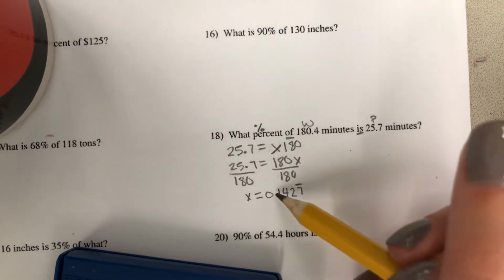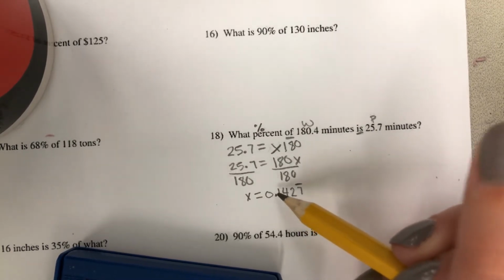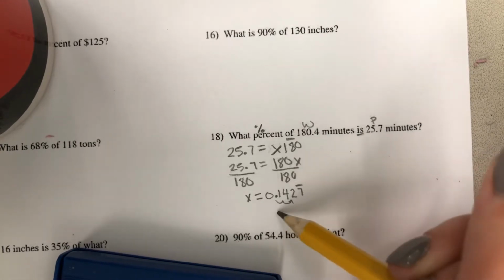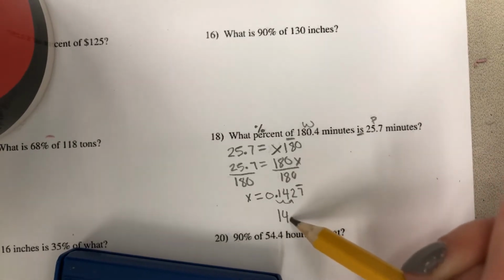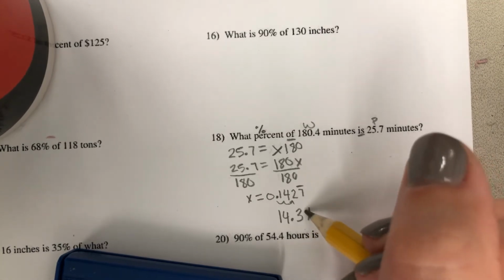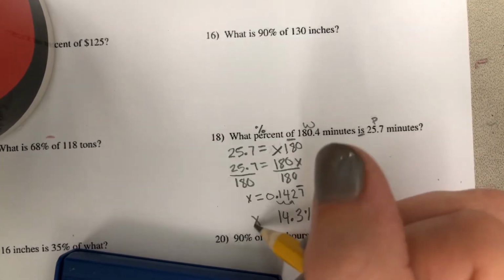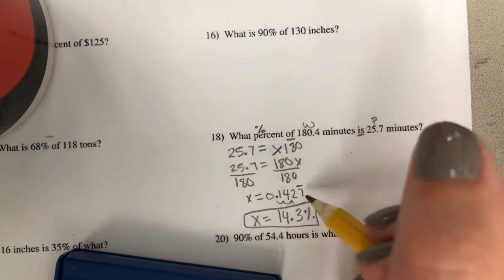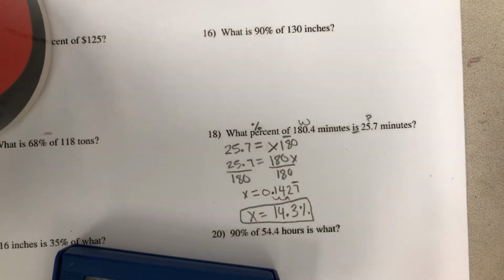This doesn't make sense. I need to be moving that decimal 2 places to the right, which makes this 14.3%. The 7 would round that 2 up.